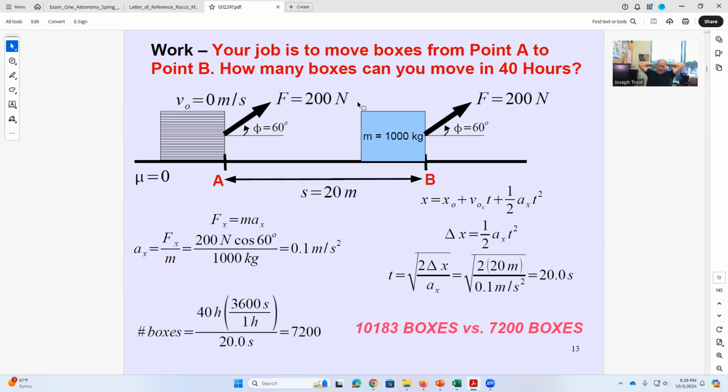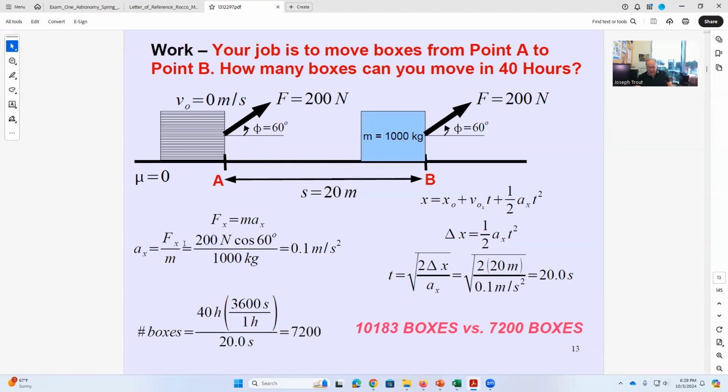Let's do the same analysis. Only this time, don't forget, the amount of force that's actually being used to move from A to B is 200 newtons times the cosine of 60. So some of your force is being used to lift up the box. But that's not what you're getting paid for. You're getting paid to pull the box from A to B.